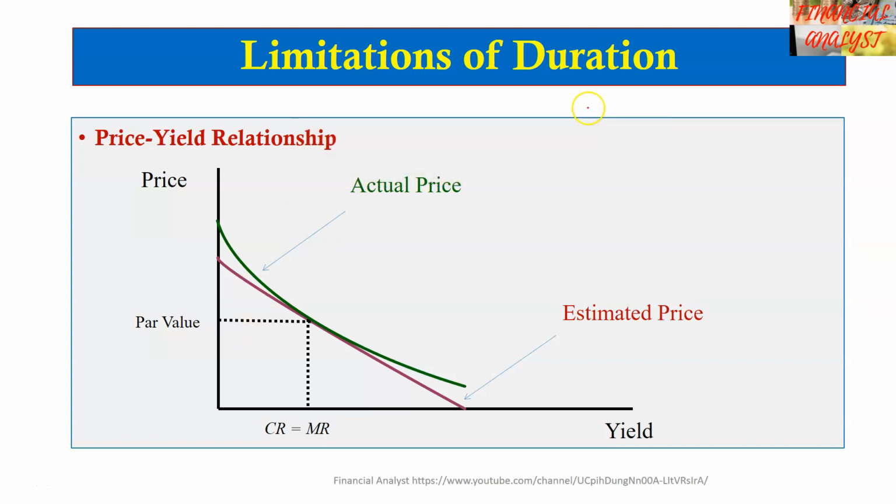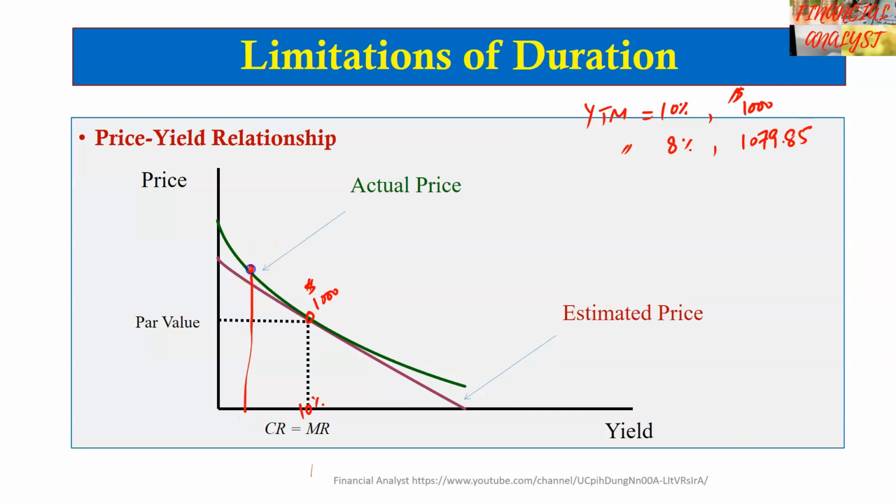When YTM was equal to 10%, we saw the bond price was equal to $1,000. That is depicted here, where the par value of the bond and the market value is the same when the coupon rate is equal to 10%. Then when the YTM was 8%, we saw the bond price was equal to 1079.85, and that is somewhere, let's suppose, here.